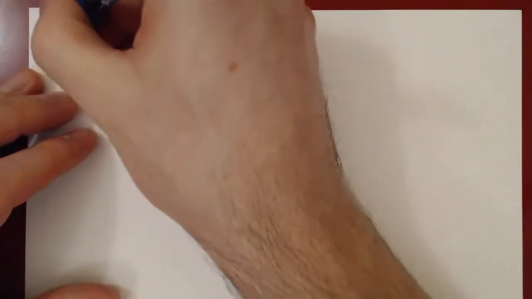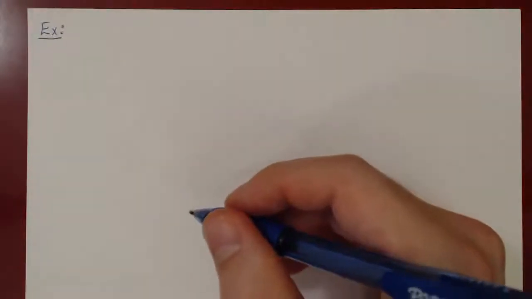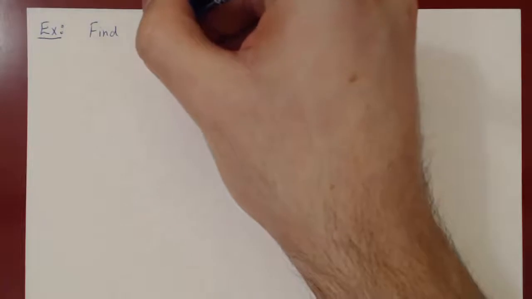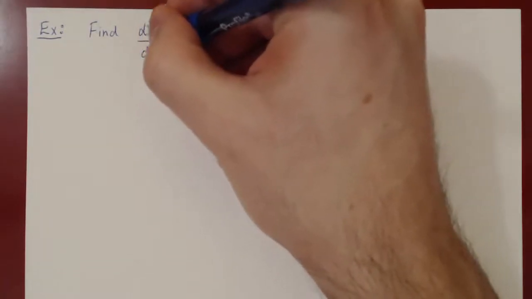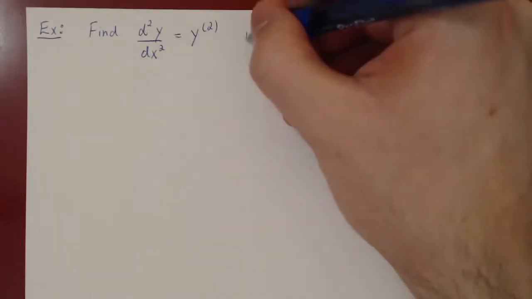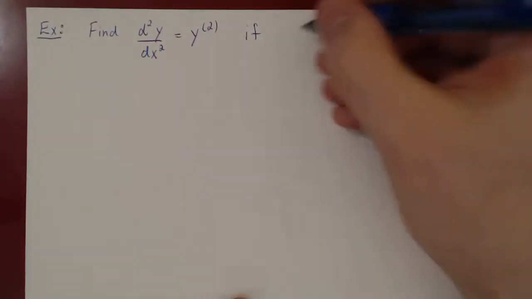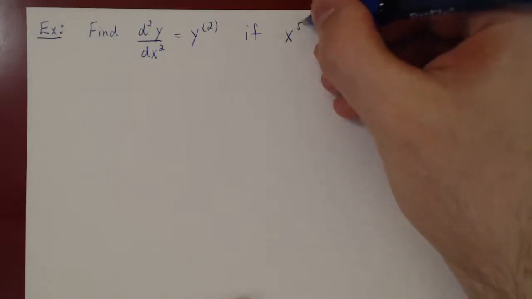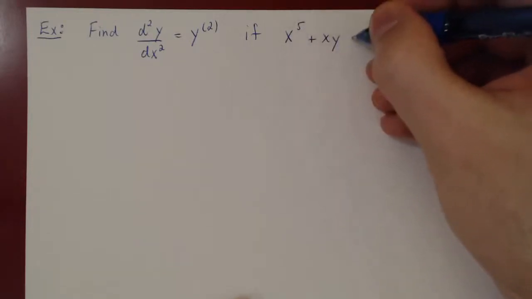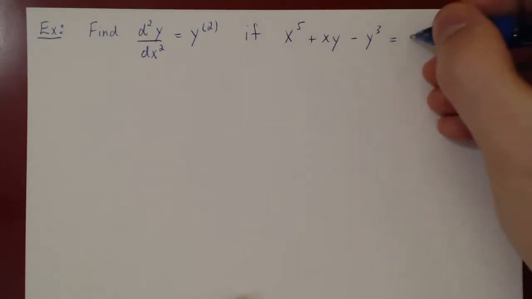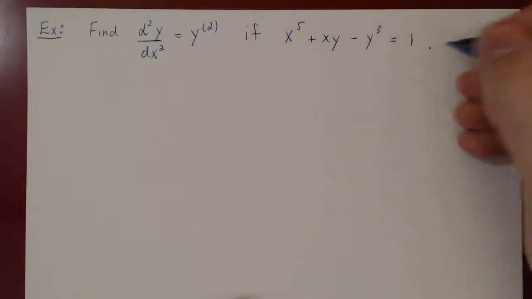Find the second derivative, d squared y over dx squared, which is just, again, the second derivative of the function, if, say, x to the 5 plus xy minus y cubed is equal to, say, 1.